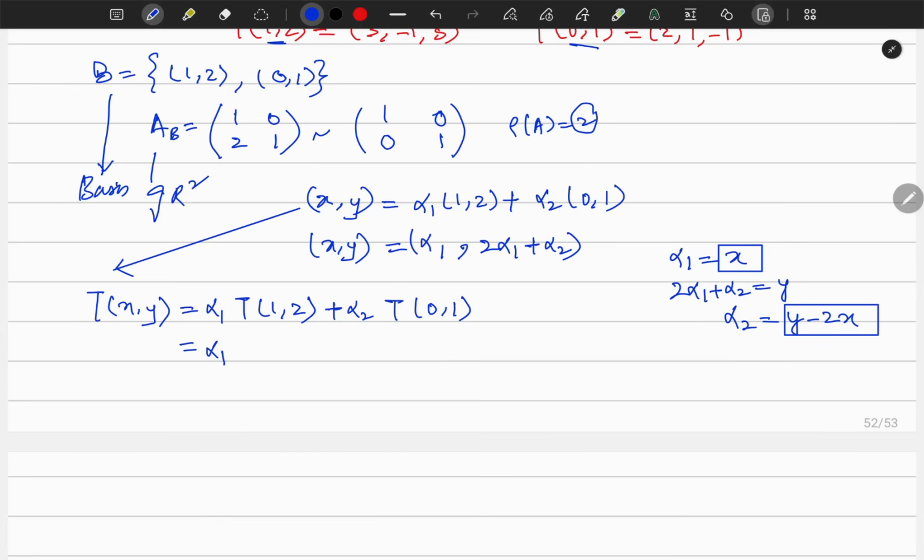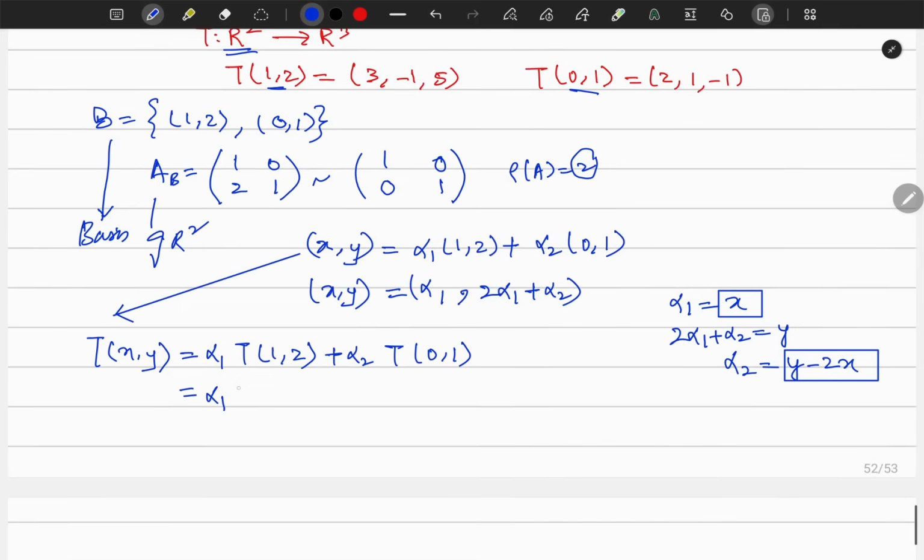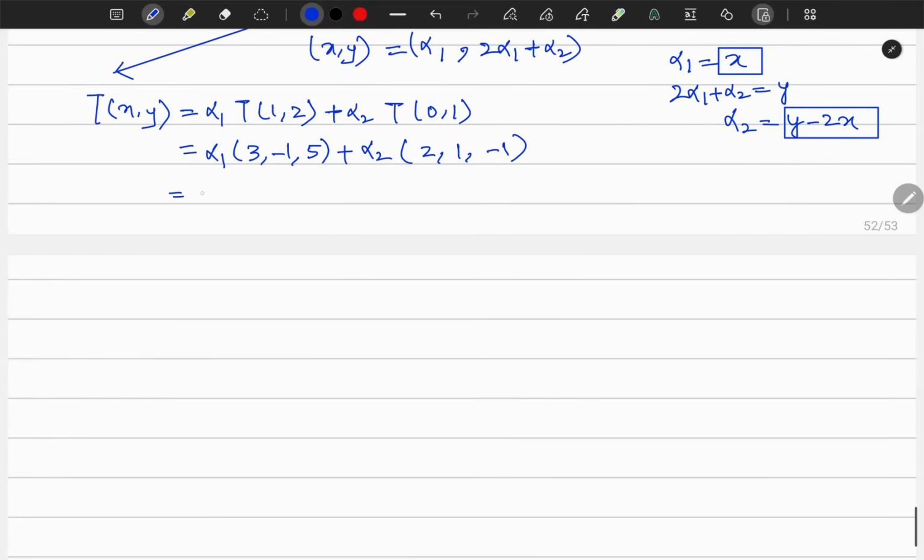So alpha 1 T(1, 2) is given, that is (3, -1, 5), and plus alpha 2 T(0, 1) is (2, 1, -1). So it will give you 3 alpha 1 plus 2 alpha 2, minus alpha 1 plus alpha 2, and 5 alpha 1 minus alpha 2.